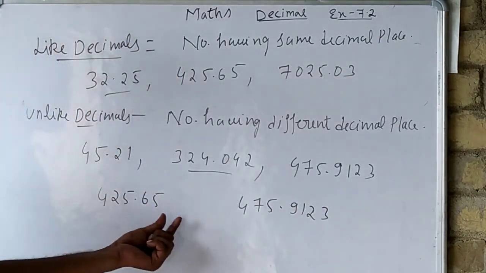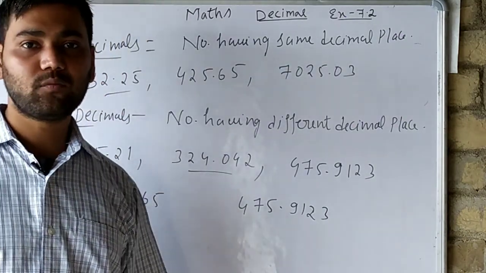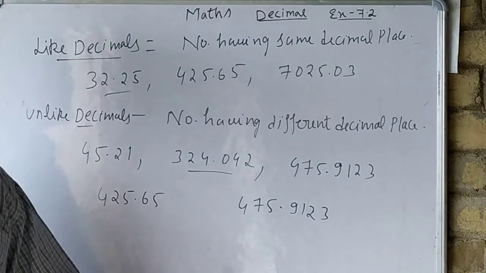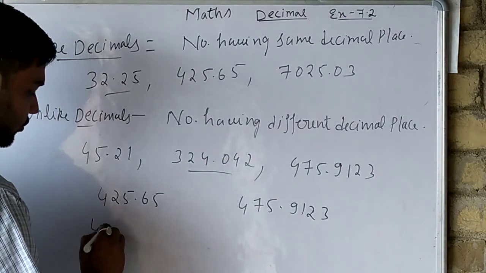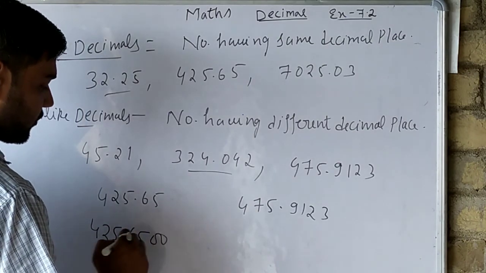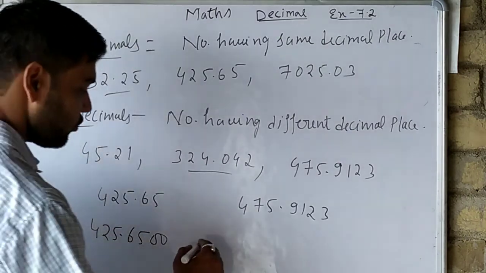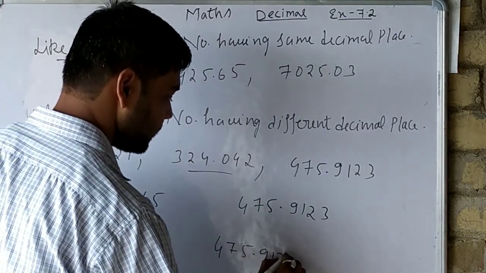Here we have 2 decimal places, here we have 4 decimal places. So both are unlike decimals. We can convert them into like decimals. We can place 00 after 65. That means after 2 decimal places we place two zeros.